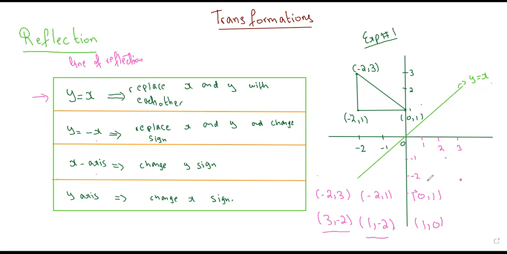So this is going to be the second point, and then it is 1, 0. So 1, 0 would be this point. Okay, now I'm going to join these points and make this triangle. So it would be this, this, and this. Okay, so let's say this triangle is A. The mirror image would be A dash.